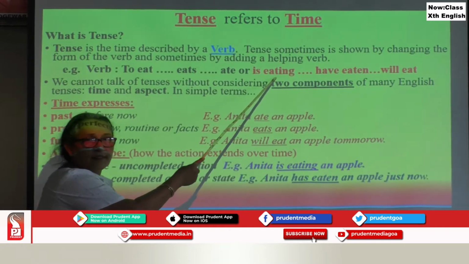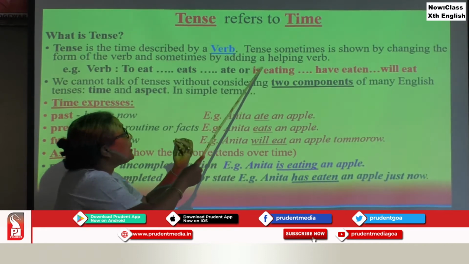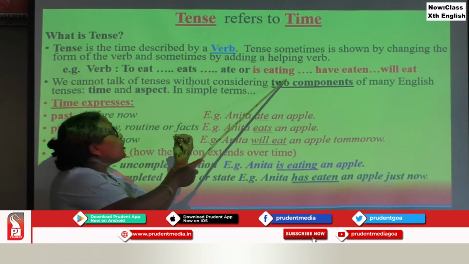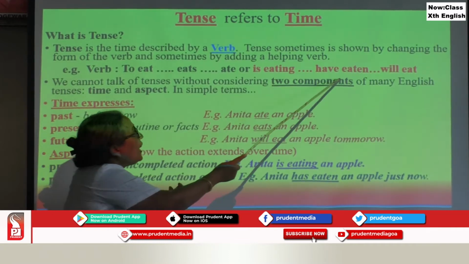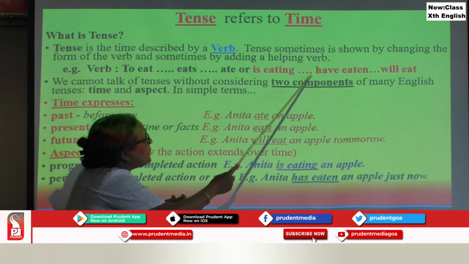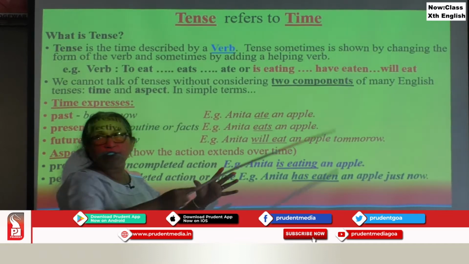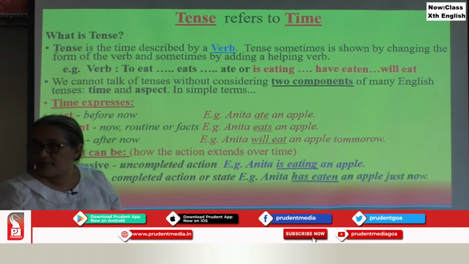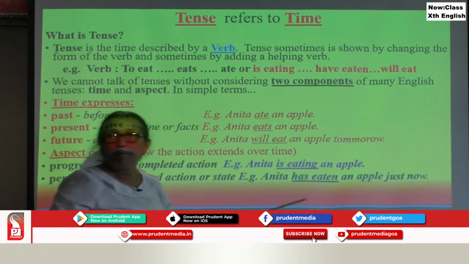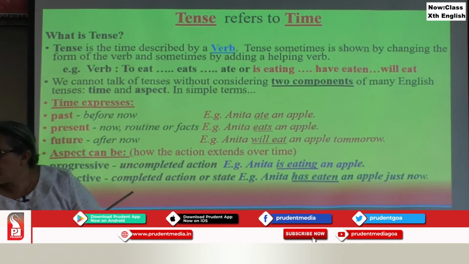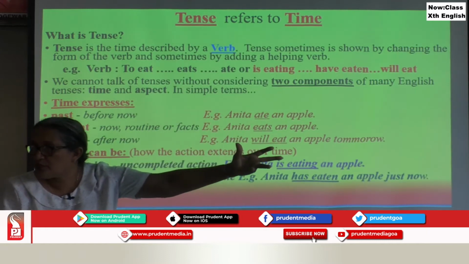Is eating. I have taken the help of a helping verb, is, to show the continuity in the action, the continuous action that is going on. I have taken the help of a helping verb, have, to tell you the action has just happened. I have taken the help of will, the helping verb, to tell you that the action will happen in the future.